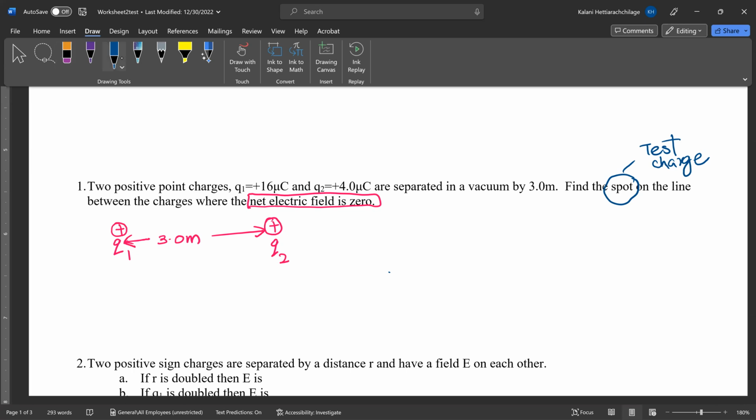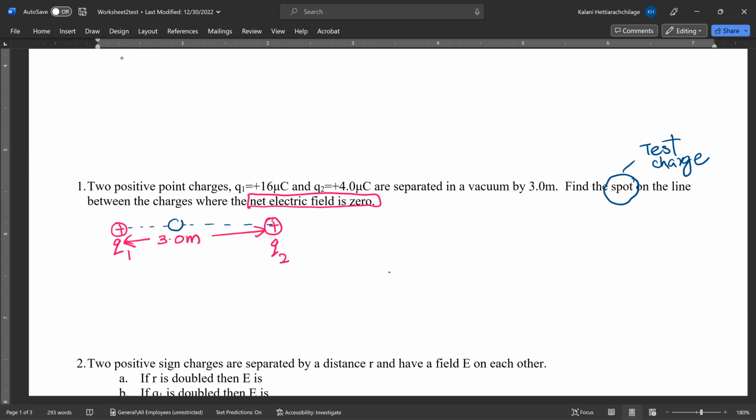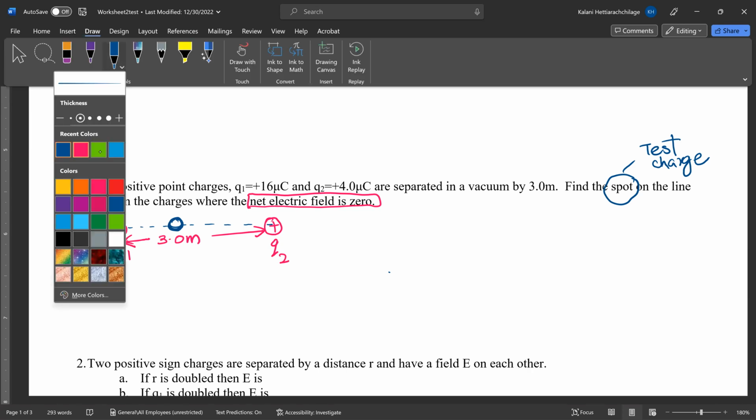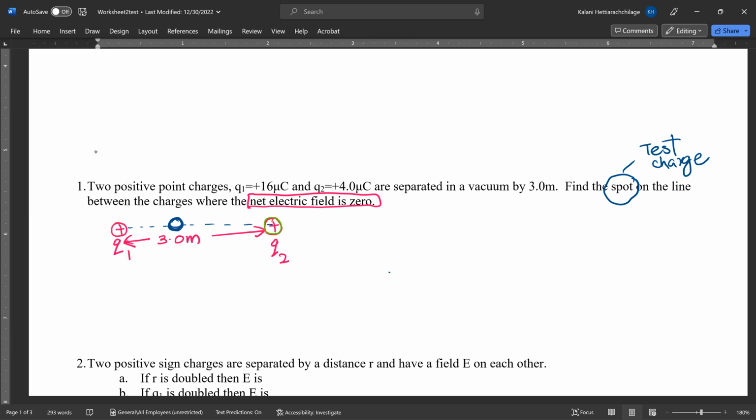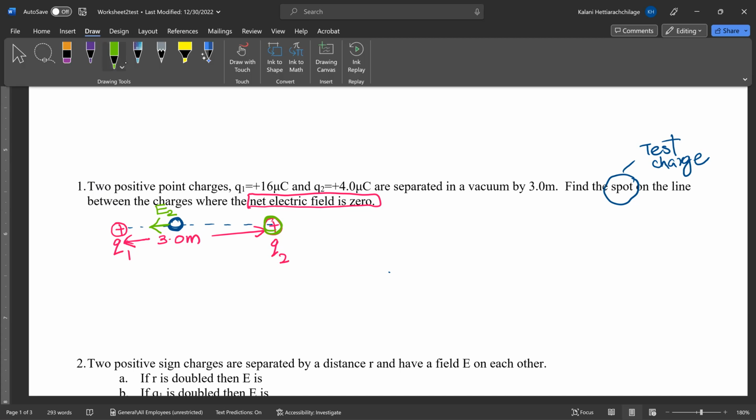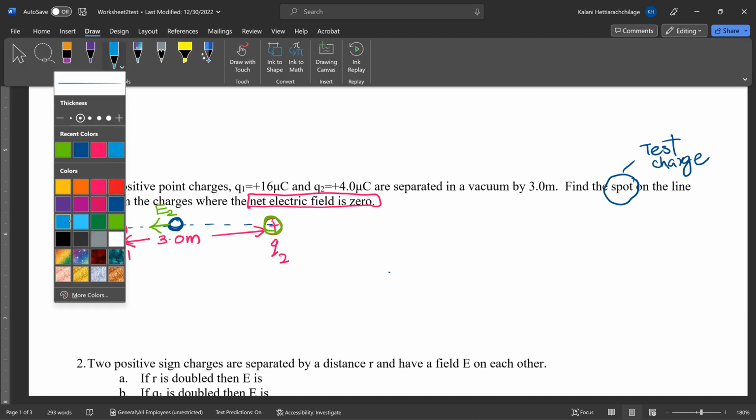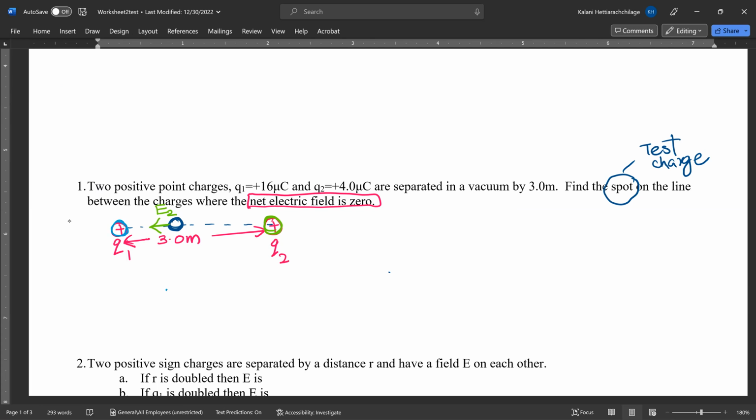So now you're going to keep it somewhere on this line. We'll say I'm going to keep my spot somewhere here, right? So now by drawing the free body diagram on that spot, you can see this positive charge will create the electric field this way, because a positive charge always creates an electric field in the outward direction. This I'm going to label as E2. And whatever I have on the left side, this particle is also a positive charge, so that will create the electric field in the outward direction, so that will be this way, right?